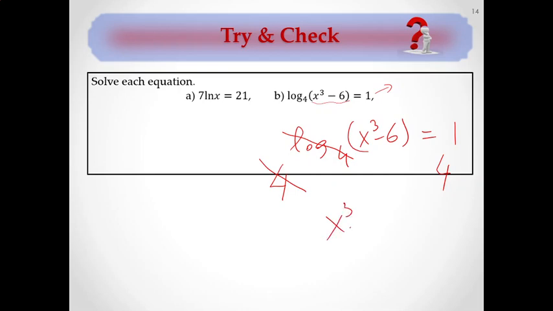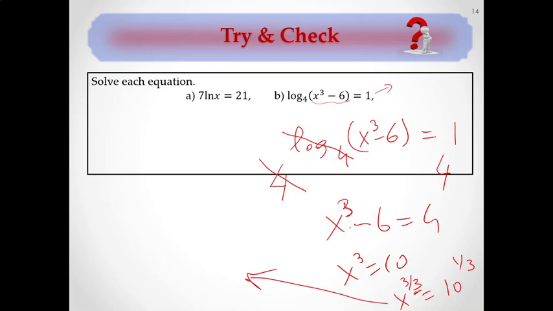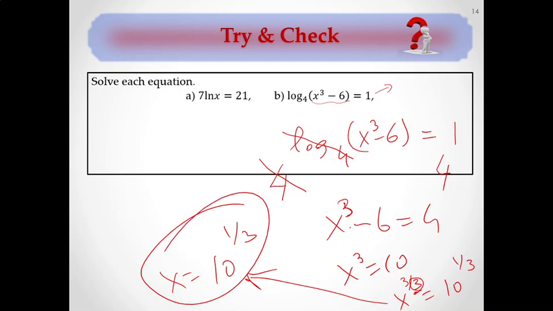You get x cubed minus 6 equal to 4. And then x cubed is equal to 10. Then you take the 1/3 power of both sides, and since 3 is an odd number, we say just x is equal to 10 to the 1/3. So this is the solution here.